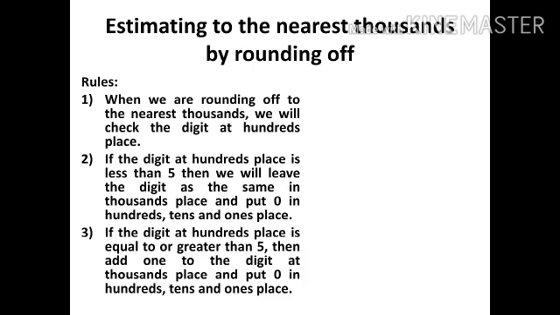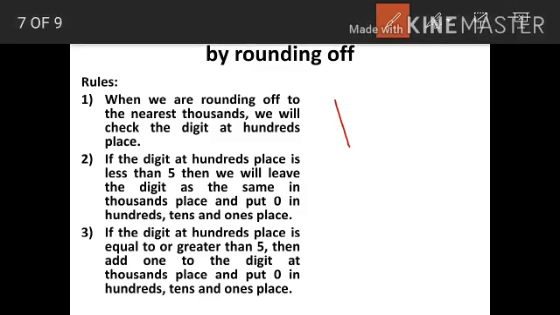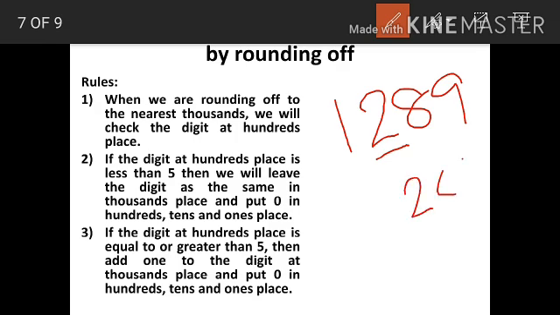The first example will be 1289. We have to check the digit at hundreds place. We have 2 there. So, we know that 2 is less than 5. So, we have to keep the digit at thousands place there itself. So, we will put 1 there.